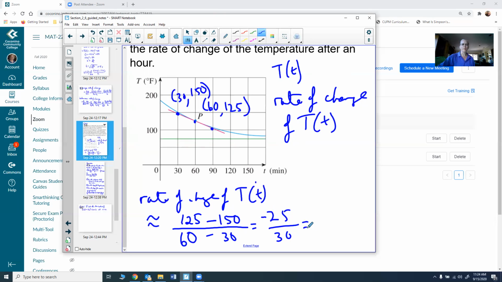And so what I end up with is, find that out really fast. 25 divided by 30 is approximately, and you're fine leaving the answer that way, negative 0.83. The units of this, the top is in degrees Fahrenheit, the bottom is in minutes. So we have degrees Fahrenheit per minute. And there is the rate of change approximately. We know exactly what it is, but we can get an approximate answer from our graph.